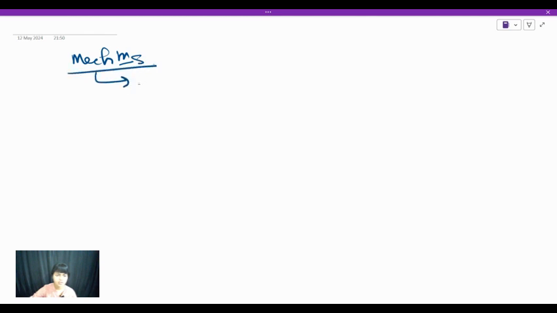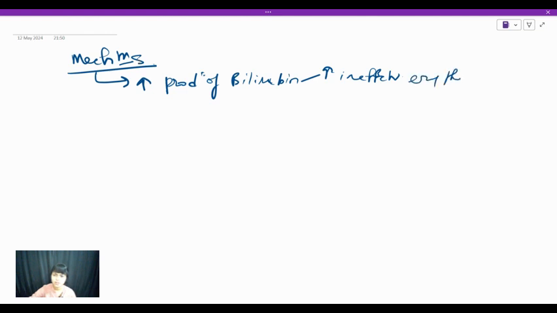Okay, so first is due to more production of bilirubin, right? So why does this happen? It may happen due to more ineffective erythropoiesis, or this also may be due to low RBC lifespan.